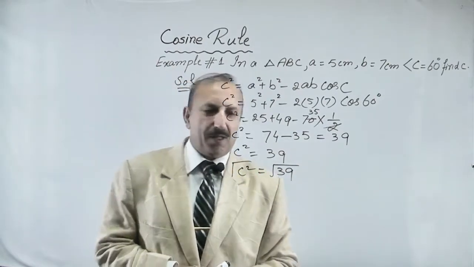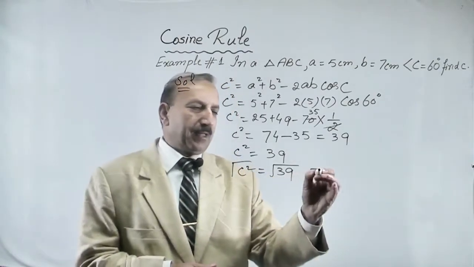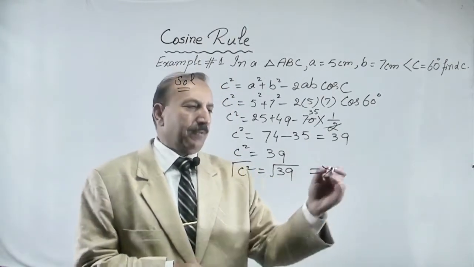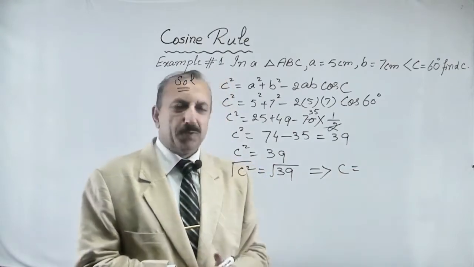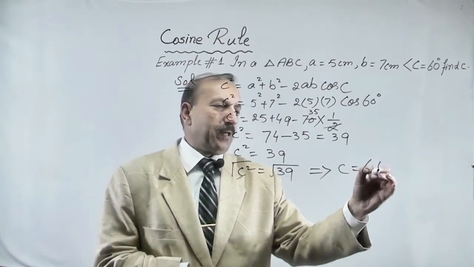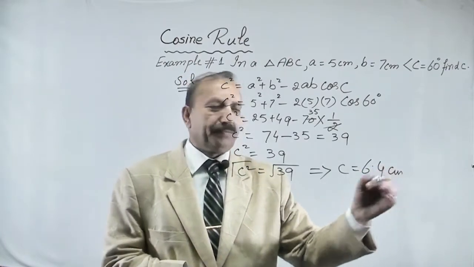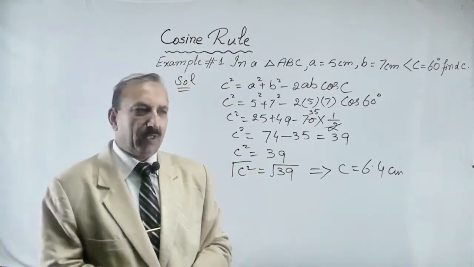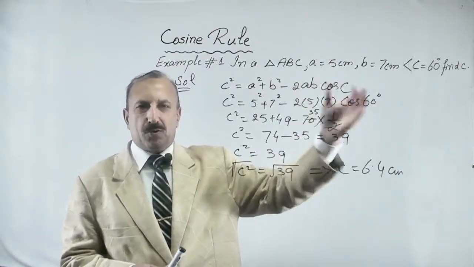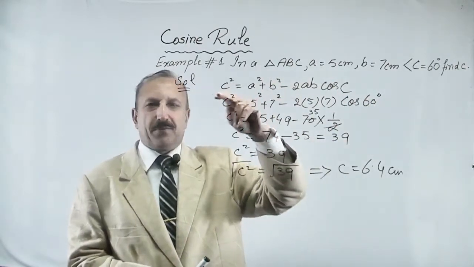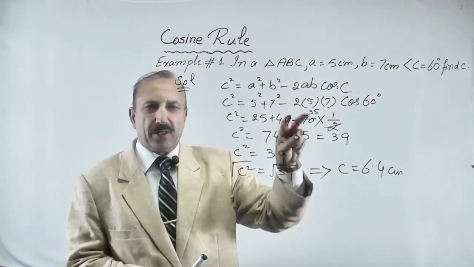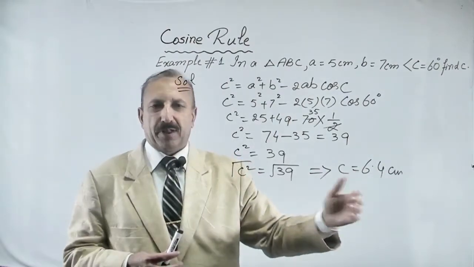This implies that the value of C is equal to 6.4 centimeters, my dear students. You can see if we have given values and no figure, we can directly write the formula for the cosine rule, plug in the values and simplify, and we will get the answer.